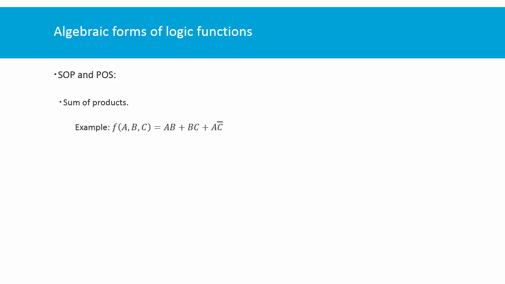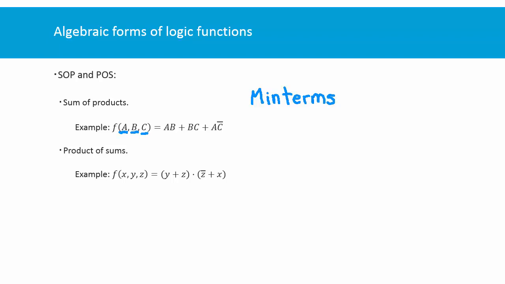So here we have an example of a sum of products. Now we have a product of sums. However, these are not canonical forms of functions. In the sum of products example, we have 3 variables. The canonical form, which again is called Minterms, is supposed to have all the variables included in each AND term.